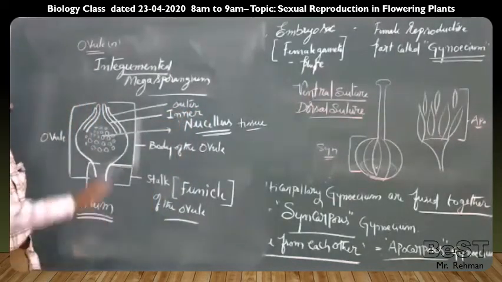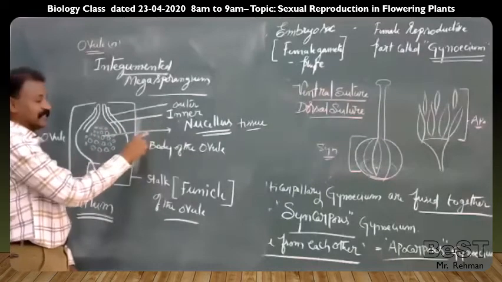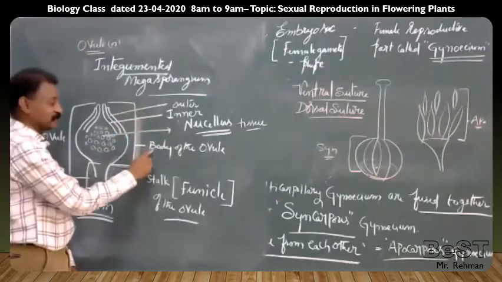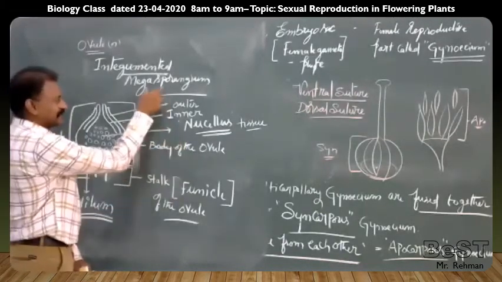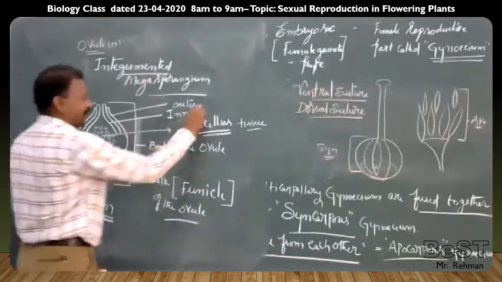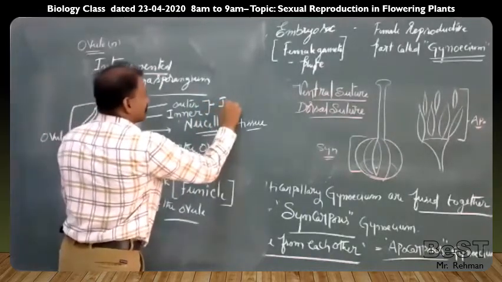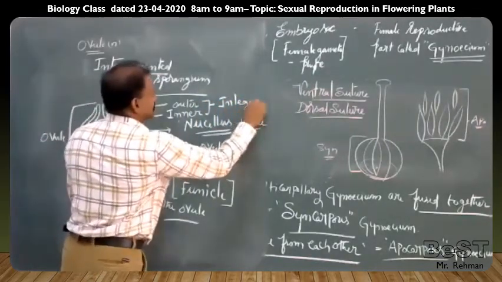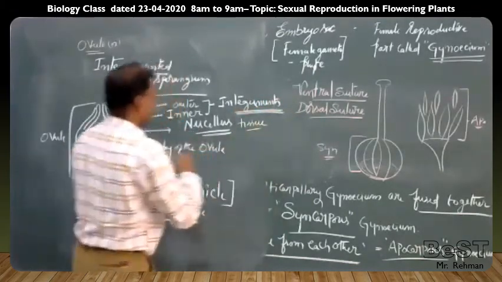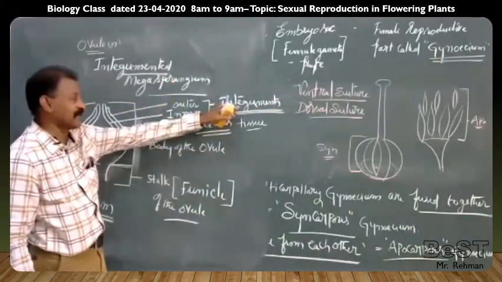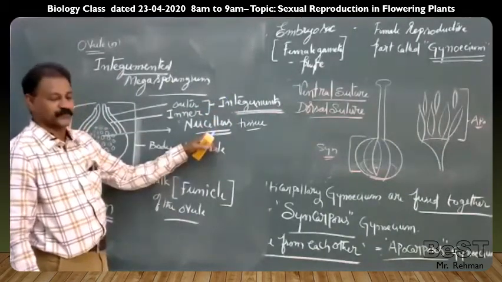So, integuments are the protective layers that surround the body of the ovule. Actually, they are covering the nucellus tissue.